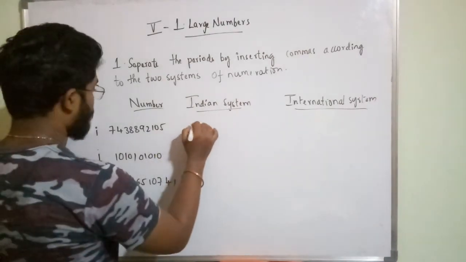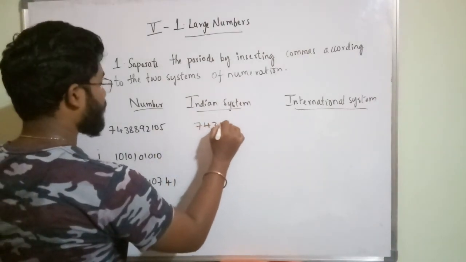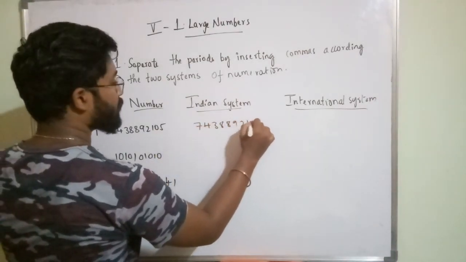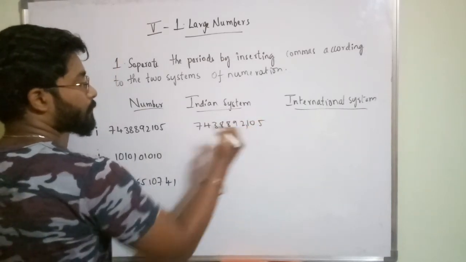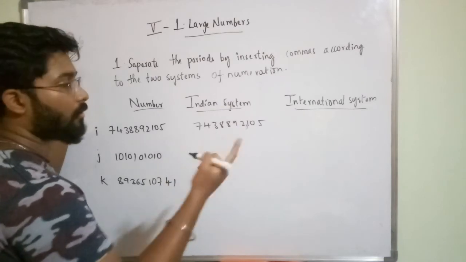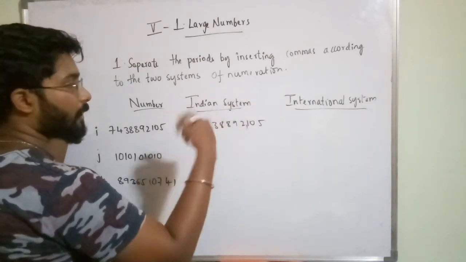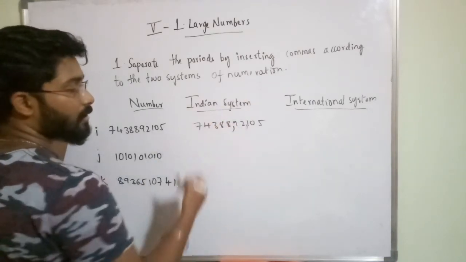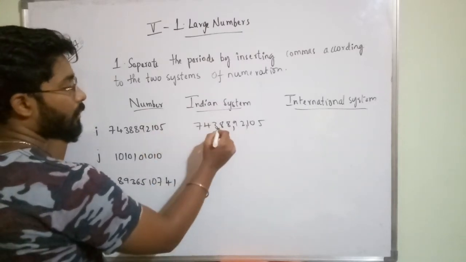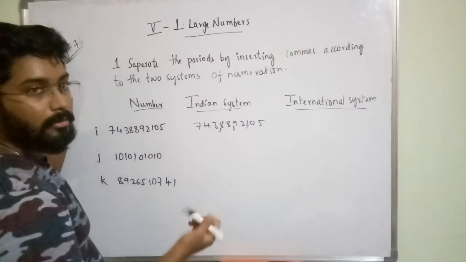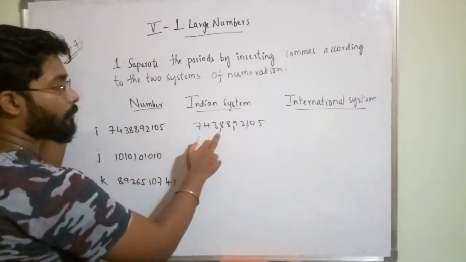So this number, 74388922105. This number in the Indian system, as I said, the ones period has 3 digits, so after 3 digits I am putting one comma from right to left. In thousands we have only 2 digits, so after 2 digits I am putting one comma. In lakhs also there are only 2 digits, so after 2 digits I am putting one comma here.